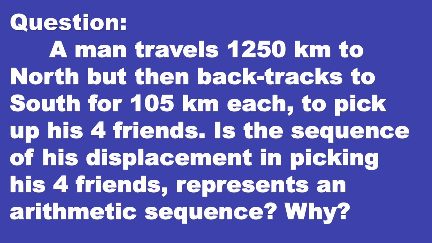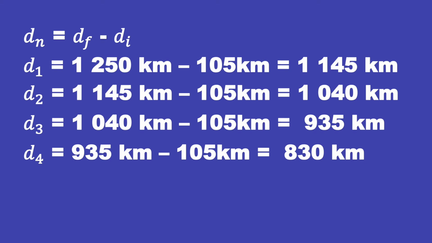The question here now is, a man travels 1,250 km to north but then backtracks to south for 105 km each to pick up his 4 friends. Is the sequence of his displacement in picking his 4 friends represent an arithmetic sequence? Why?